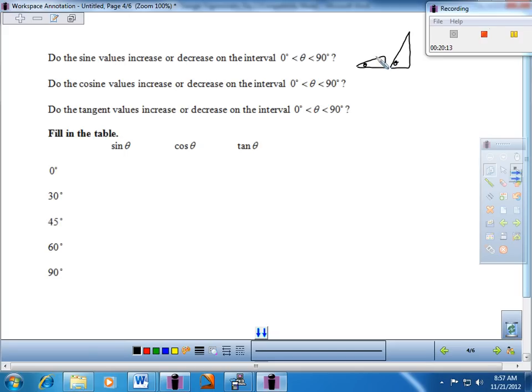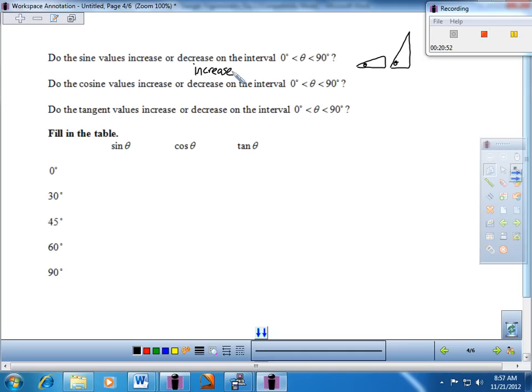Whereas if theta is larger, what do you think about the opposite over hypotenuse? And so what do you think here? Do the sine values increase or decrease as theta gets larger and larger? As theta goes from here, up, up, up, what happens to the opposite over hypotenuse? And if you can really visualize it, I think you would see that the sine values increase on that interval from 0 to 90.